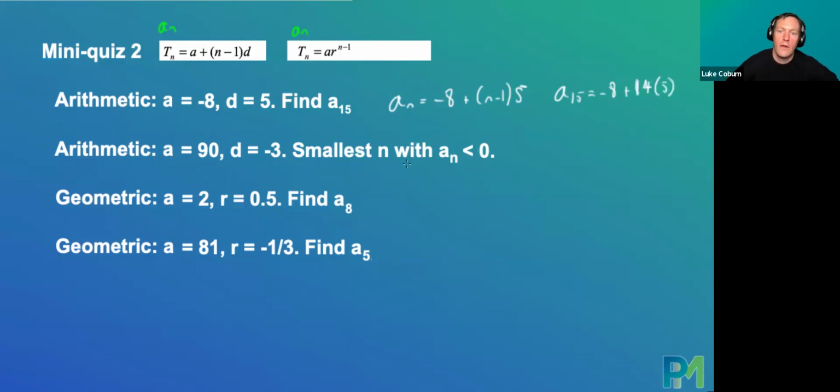Okay, so the next one is arithmetic. So let's just write it down. a_n is equal to 90 plus n minus 1 times -3. And this is going to be 90 minus 3 times n minus 1.